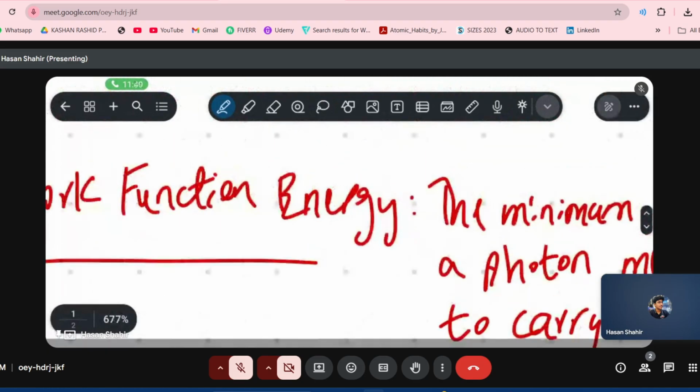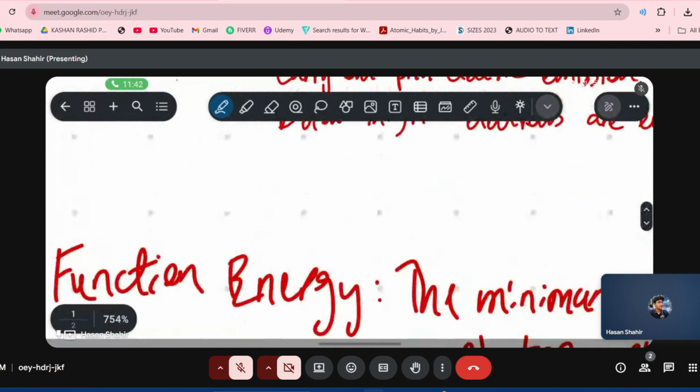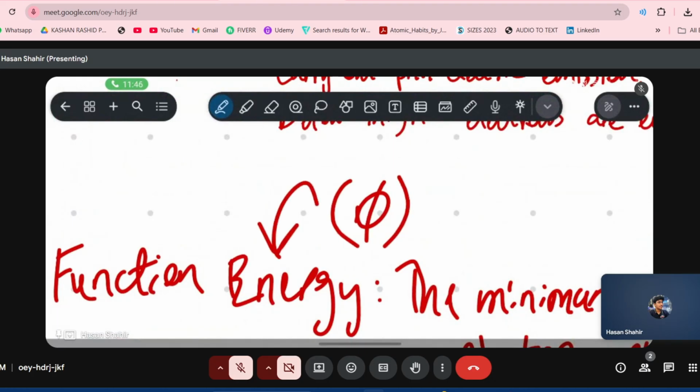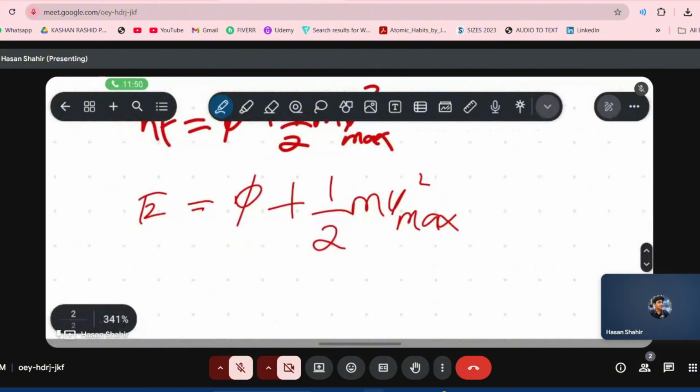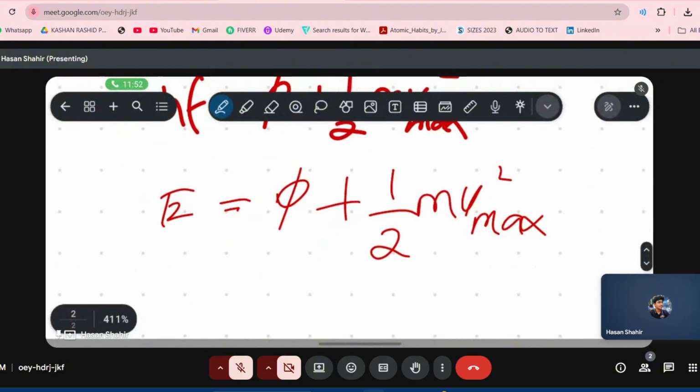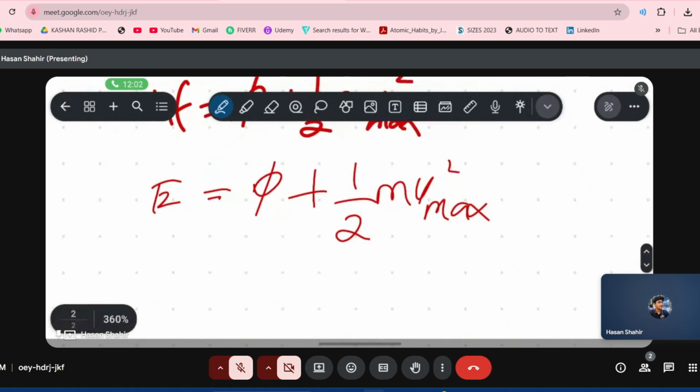I forgot to add the symbol over here. So this symbol is of the work function energy, and this is our formula over here. E is equal to the work function energy plus the maximum kinetic energy of the electron. This is our formula over here.